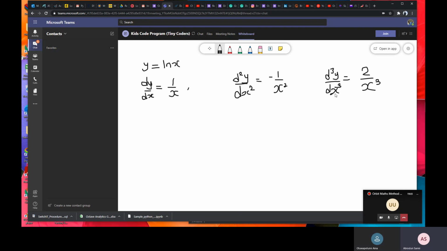Yes. Now, if I should go further to do the fourth derivative also, I should have something like minus 6 over x to the power 4. Do you agree? Yes.